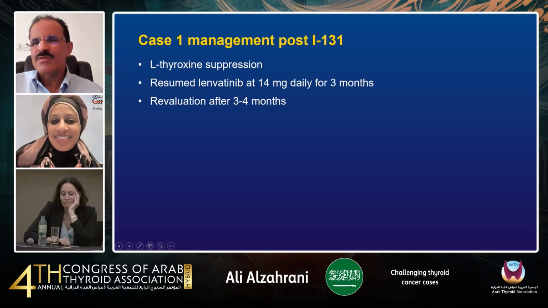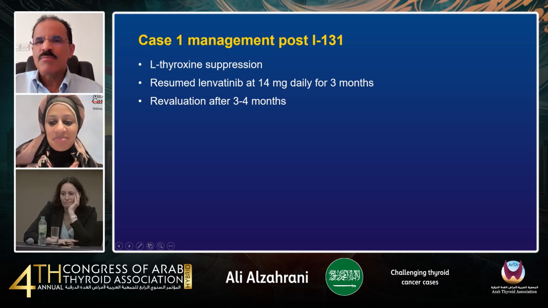We are seeing her for complications of lenvatinib and her general condition, but formal evaluation of the extent of the disease will be undertaken in 3 months with a PET scan and maybe a CT scan. And if things are under control, I will stop lenvatinib and follow her up. If she has active disease, then again, lenvatinib is a good thing for her.